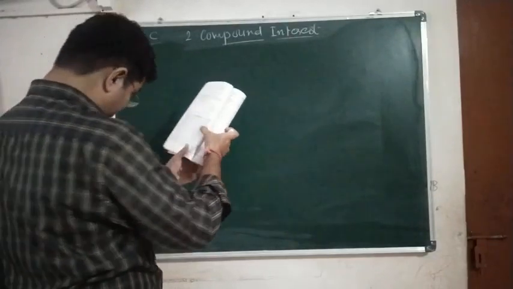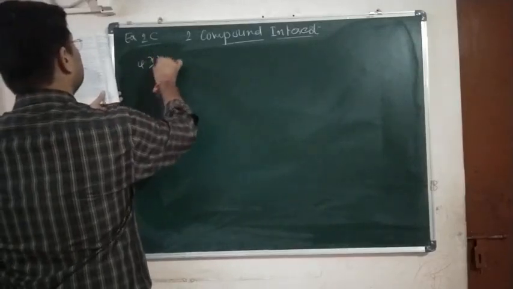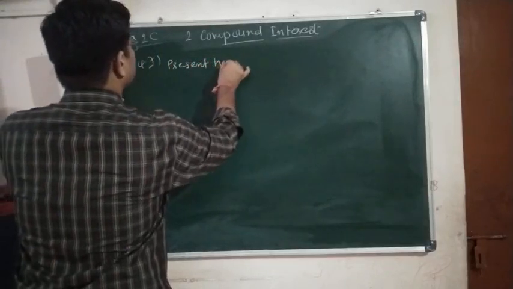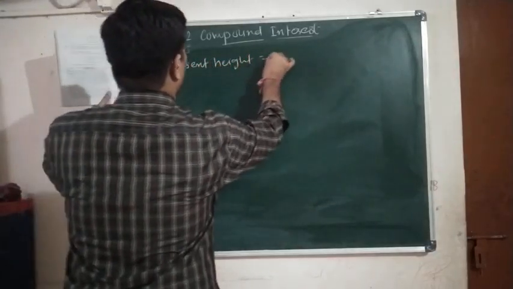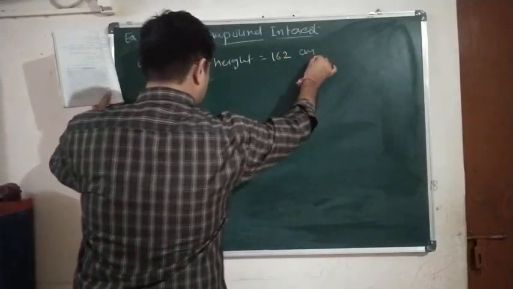Okay, question number 7. Present height of tree is 162 centimeter.